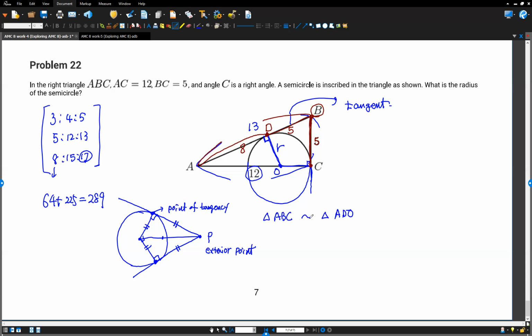Similar means what? Every corresponding side is in proportion, because when you have a triangle, same shape, what is similar? Same shape, but different size.